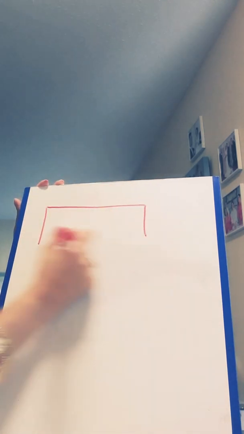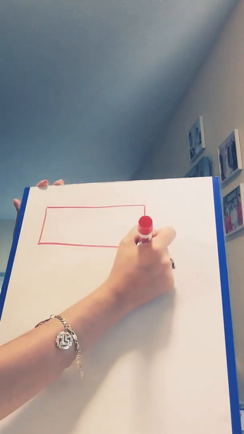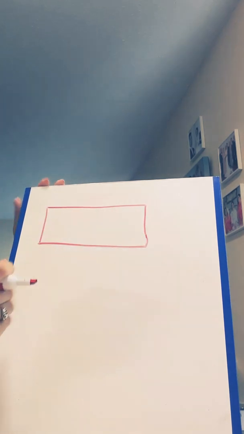So yesterday we were learning how to create equal parts. Remember that equal parts of a whole means that if you have an object, so let's say I have a rectangle, equal parts mean that it's divided into parts that are all the same size.